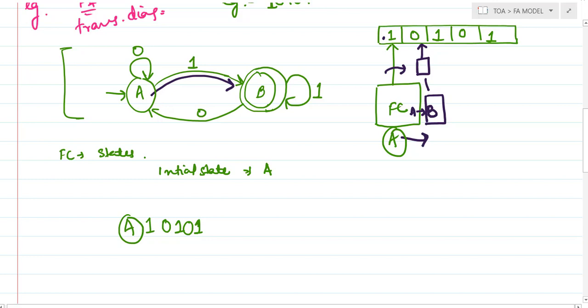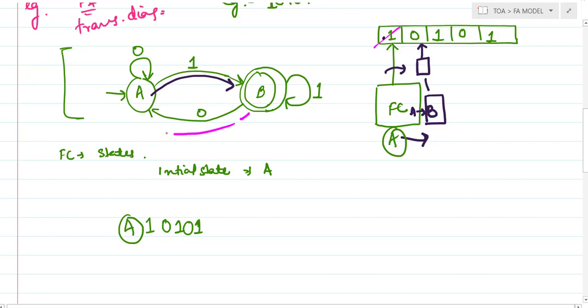Now at B, when it reads 0, it again shows a transition. We'll see it with the help of the diagram. At B, this symbol is gone. Now it's at B, and it will read 0 as a symbol.